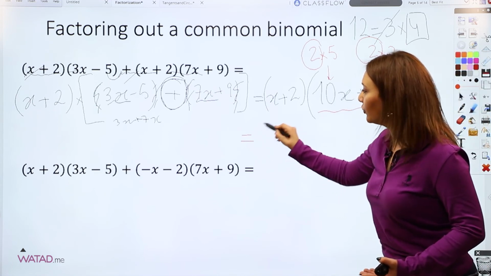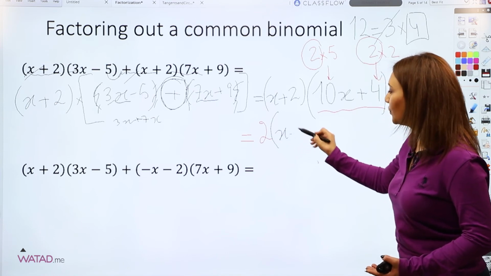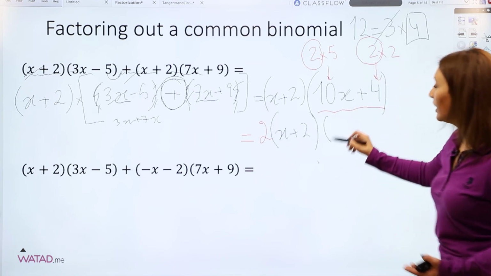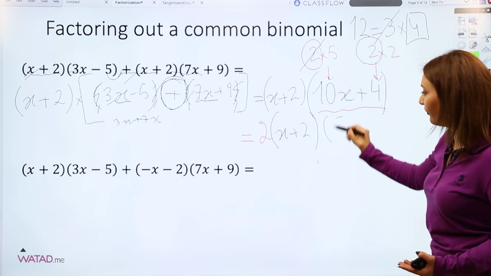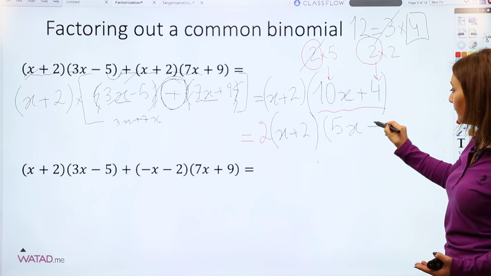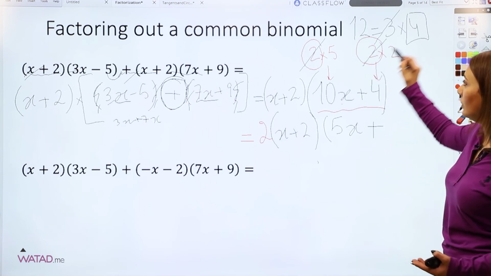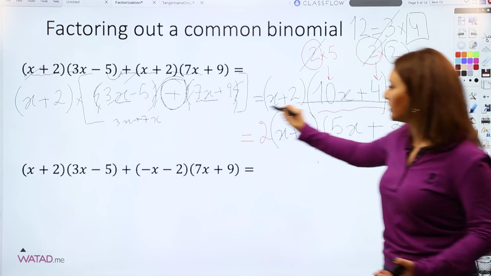So this is equal to 2 into x plus 2 into. Now, 10, I took out the 2. What am I left with? I am left with 5x. Do not forget the x. Plus 4. I took out 2. I am left with the second 2. So this is 5x plus 2.